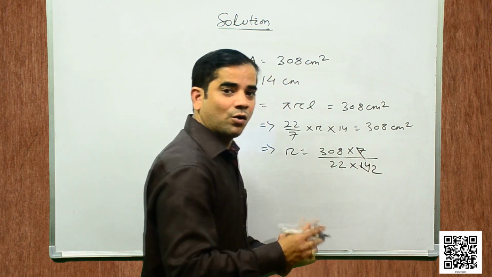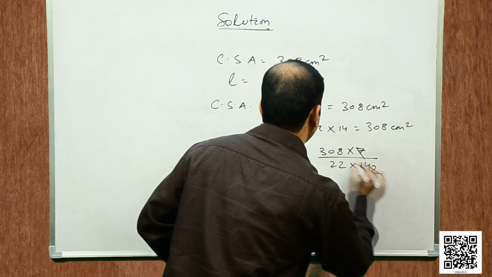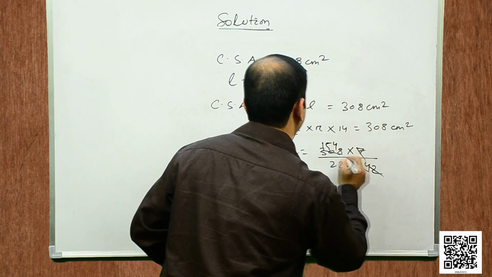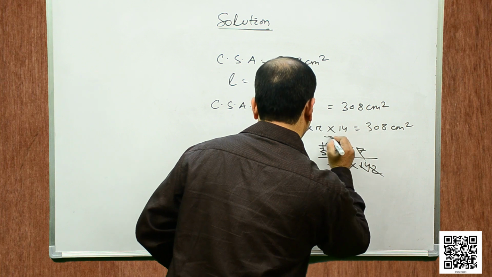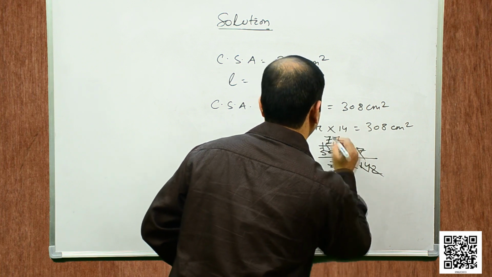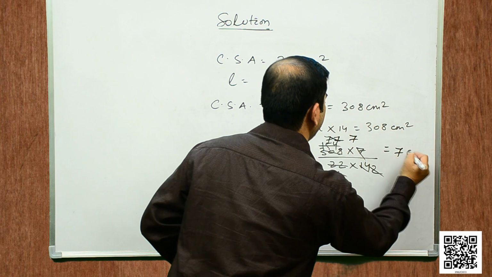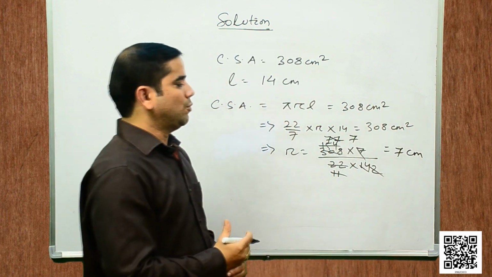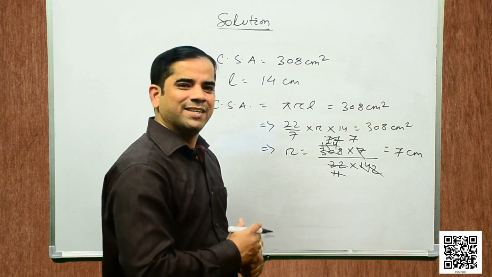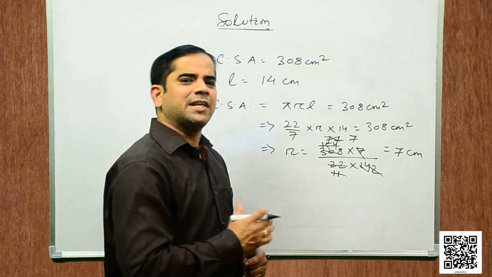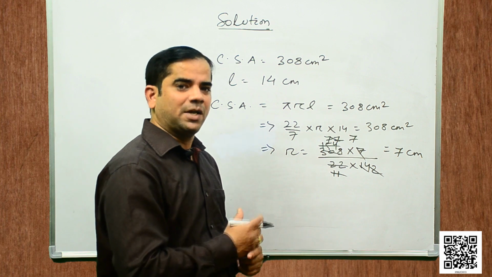The 7 2s are okay. That is 7 centimeter. So, we have found that the radius of the cone is 7 centimeter.